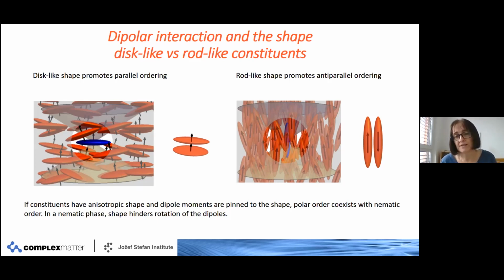While in the case of the rod-like shapes, the neighbors which favor antiparallel orientation will come closer, and this is also one of the reasons why the usual nematic phase, the calamitic nematic phase, made of rod-like shape constituents, is apolar.